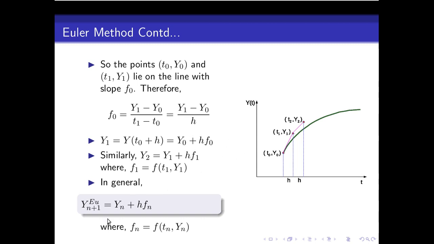Generalizing these results, y(n+1) is equal to yn plus h times fn, where fn is nothing but the function of tn, yn. This function is known to us, known from the differential equation we are given. So this is the general scheme of solving a first order ordinary differential equation numerically by the Euler method.